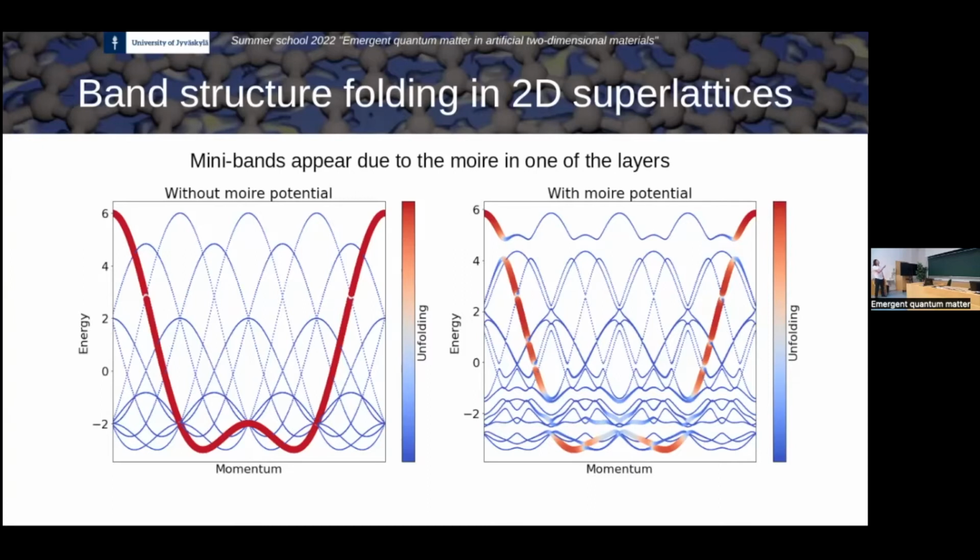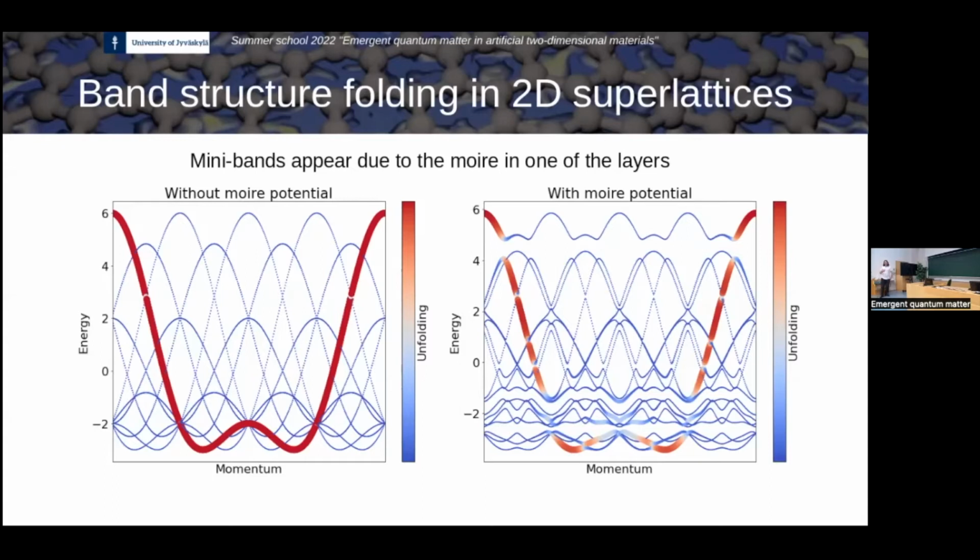And now, once you switch on your moire potential, the very same phenomenology as we observed in the 1D moire system happens again, namely that the moire potential creates anti-crossings between the different moire bands. So now, instead of having a fully connected band structure, you have gaps in the electronic spectra.